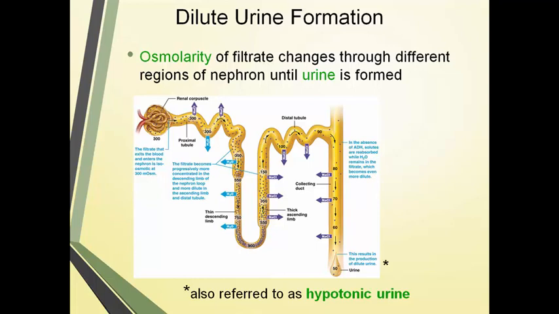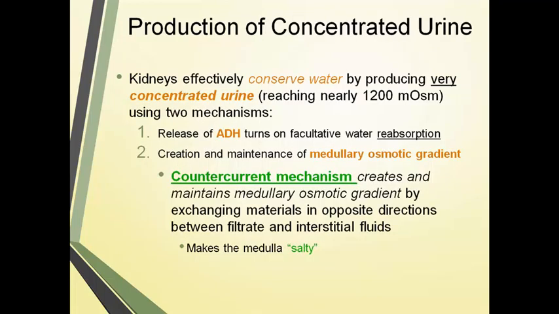By the time the urine is actually formed, you have a dilute urine of about 50 osmolarity equivalents, which is referred to as hypotonic urine. So it's mostly the water that was left over, the residue of the filtrate, but not a high osmolarity, a very low osmolarity.